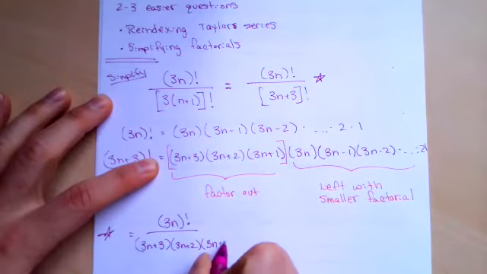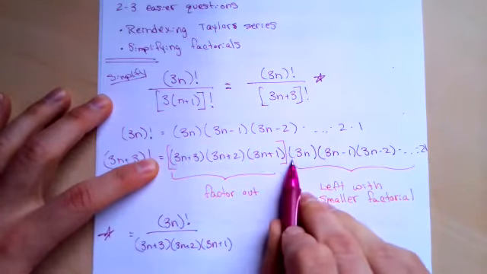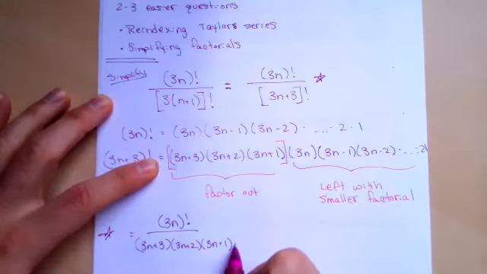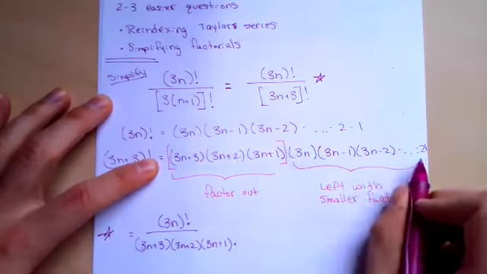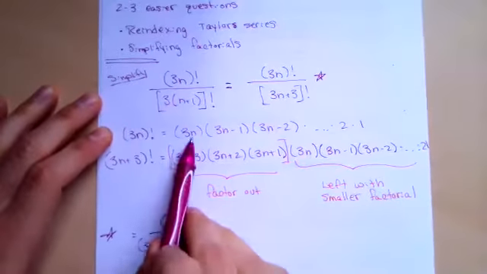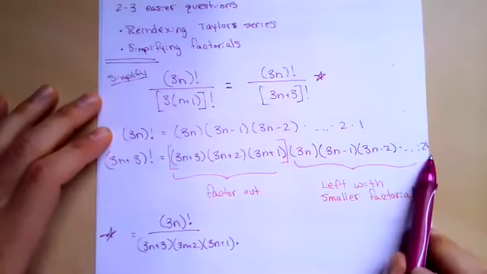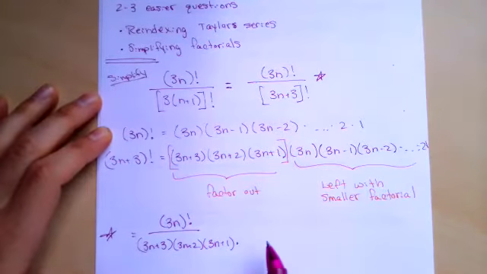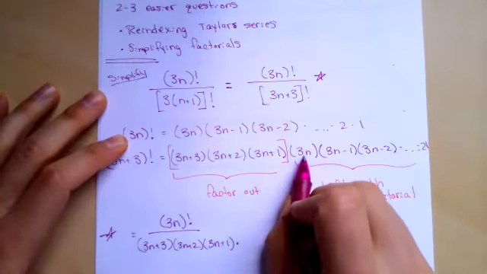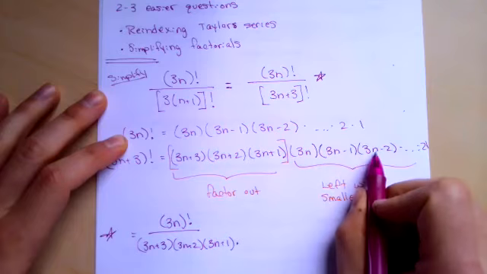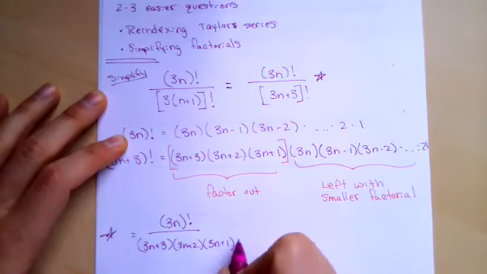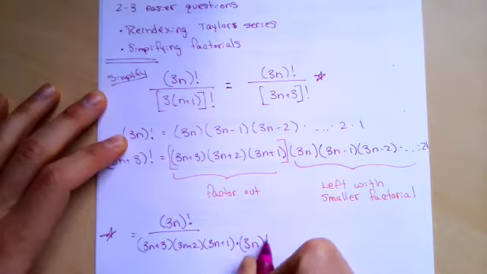Write them all out. And then what's left, this guy, I'm still multiplying by the rest of those guys. And if you wanted, you could write all of this out on the top, write all of this out on the denominator and then cancel them all out. Or to use shorthand, this 3n times 3n minus 1 times 3n minus 2 is just now 3n factorial.